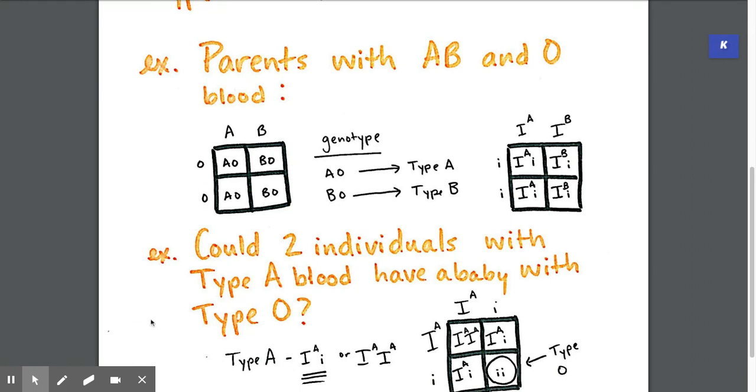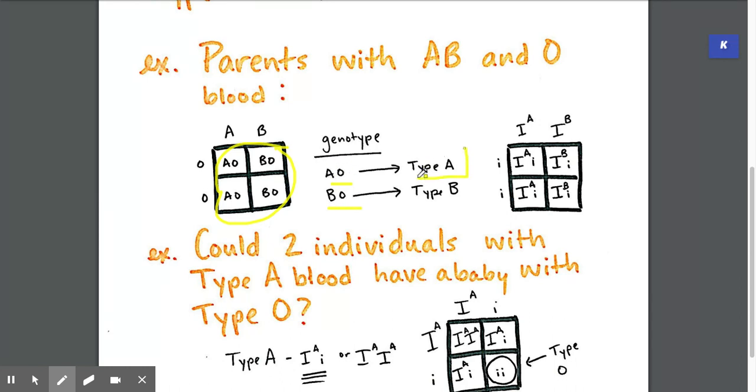We do our Punnett square. And again, recall that the possible genotypes for the offspring are in here. So we list those out, and we have these as our possible two genotypes, AO and BO. So again, both of these offspring are carriers for type O blood, but they do not have type O blood.